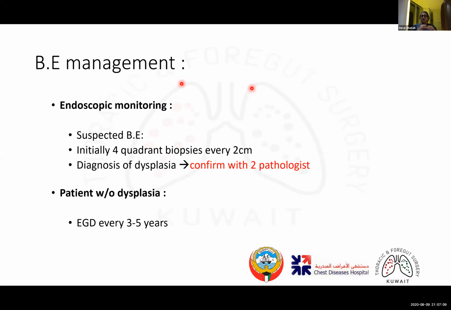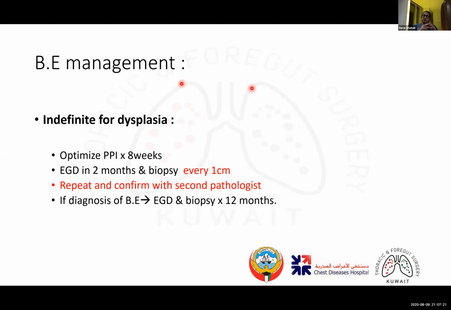So after the initial endoscopy, if your patient is without dysplasia, then ask to do a surveillance endoscopy every 3 to 5 years. But if your patient is indefinite for dysplasia, but they don't know whether there's dysplasia or not, then you should continue treatment with PPI, optimize it for 8 weeks, and repeat upper GI endoscopy with biopsy every 1 centimeter, 4 quadrants.